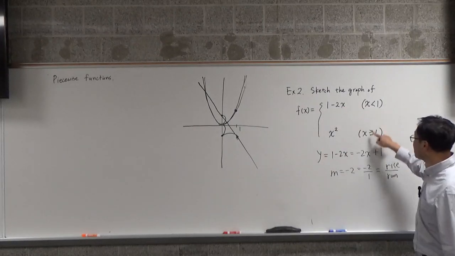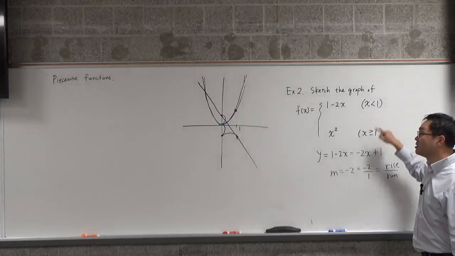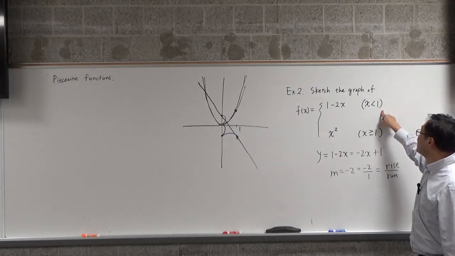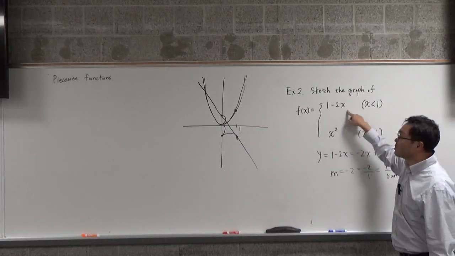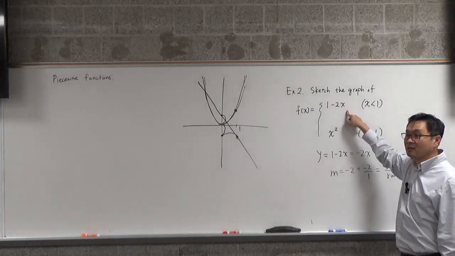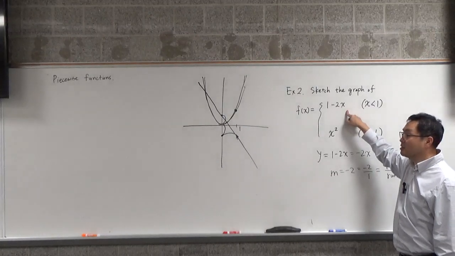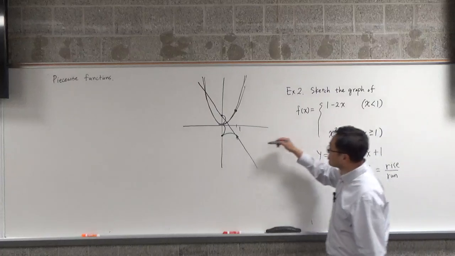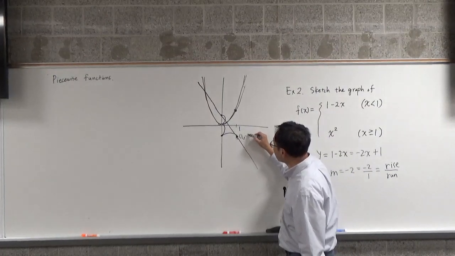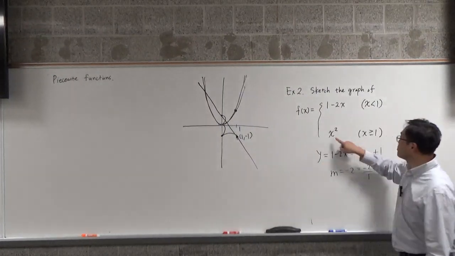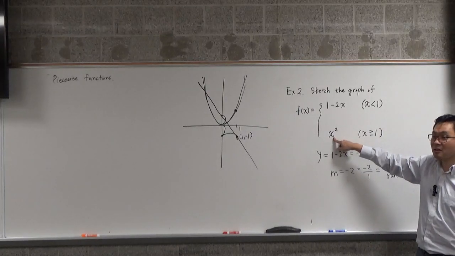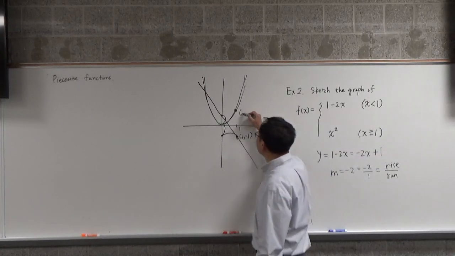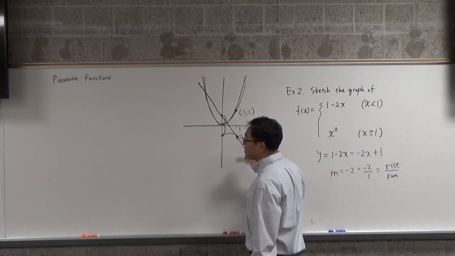If you plug in 1 to the first equation, what do you get? -1, right? So this point right here will be 1 comma -1. If you plug in 1 here, what would you get? 1 comma 1, right? Right here.